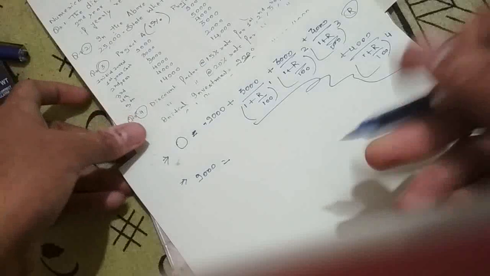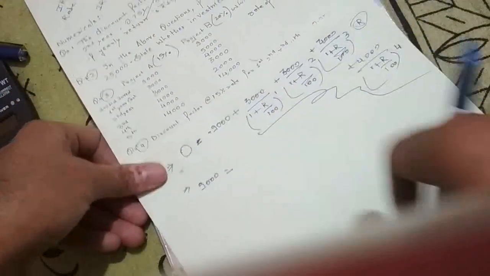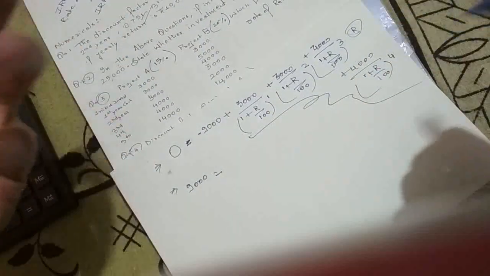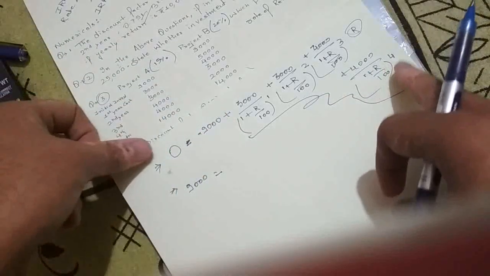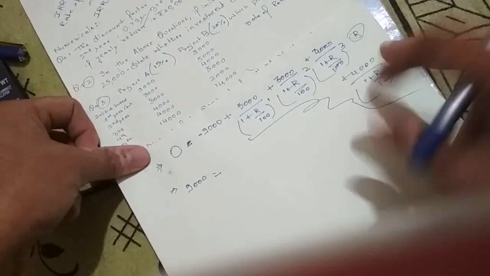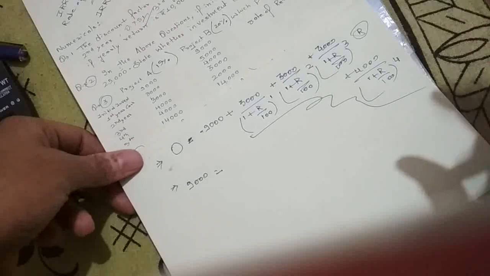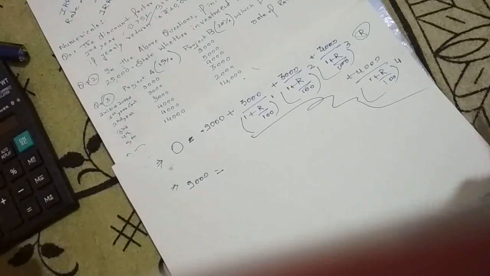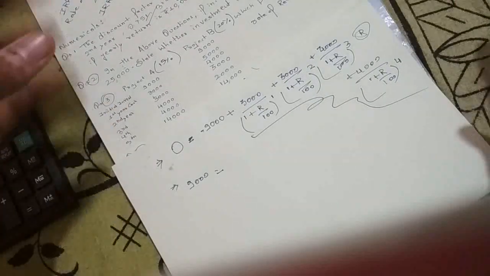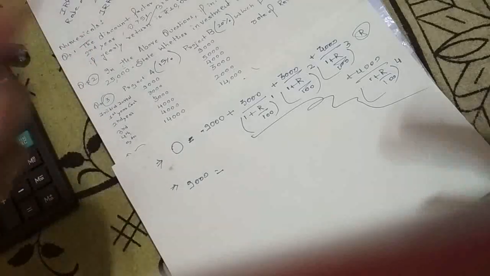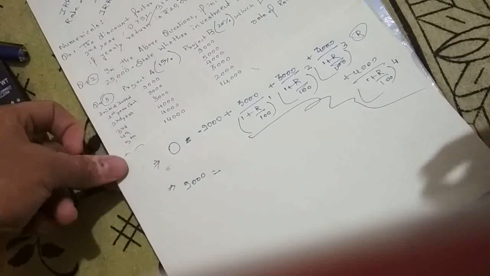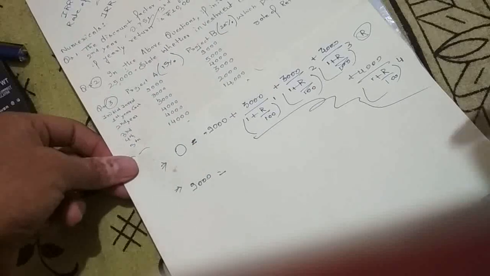Now R is quite difficult to find in this question because R to the power 4 is present here. We can do it with the scientific calculator, but since the scientific calculator is not allowed, these questions will not be asked by the JAIIB. But there is a simple trick.